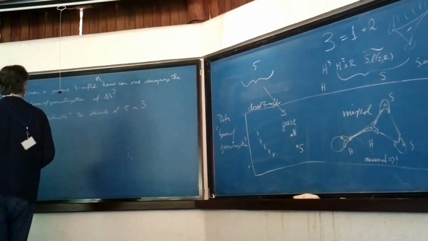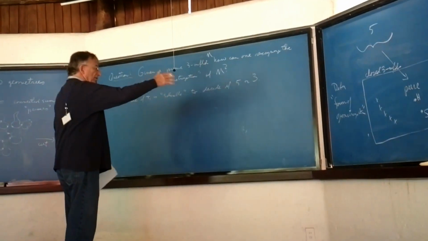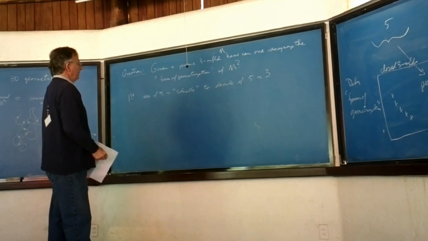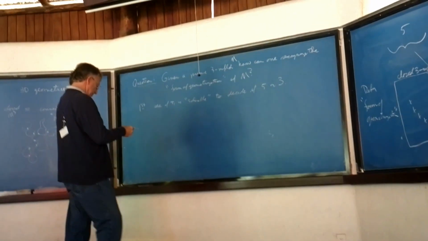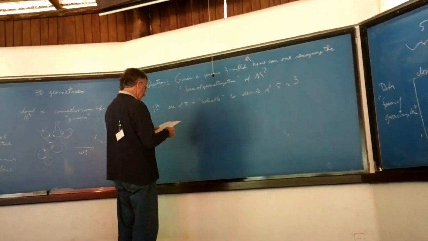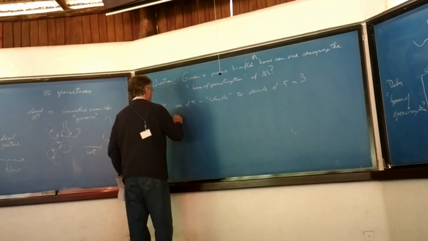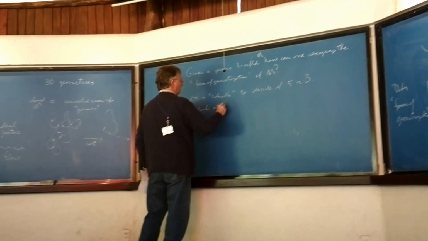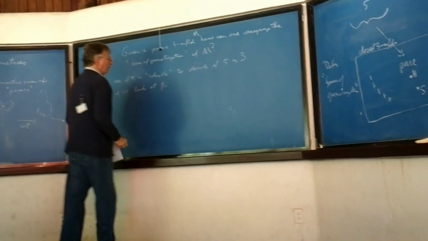So if it is solvable, you're in this 5 case, and then you can just look at the structure, and then you can just look at some simple things. For example, you look at the first Betti number.